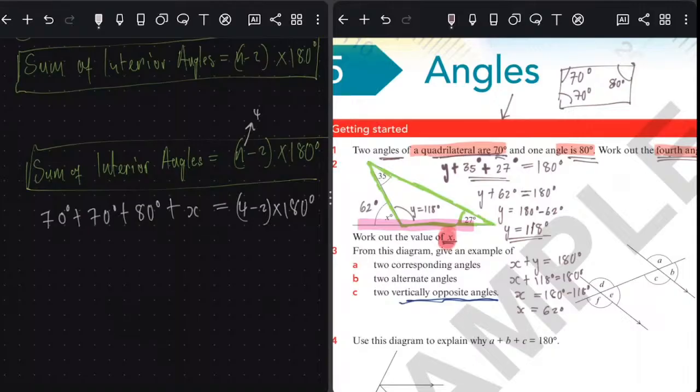Just tell me here, add these three. 220 degrees plus x is equal to, tell me what is the other side? 360.